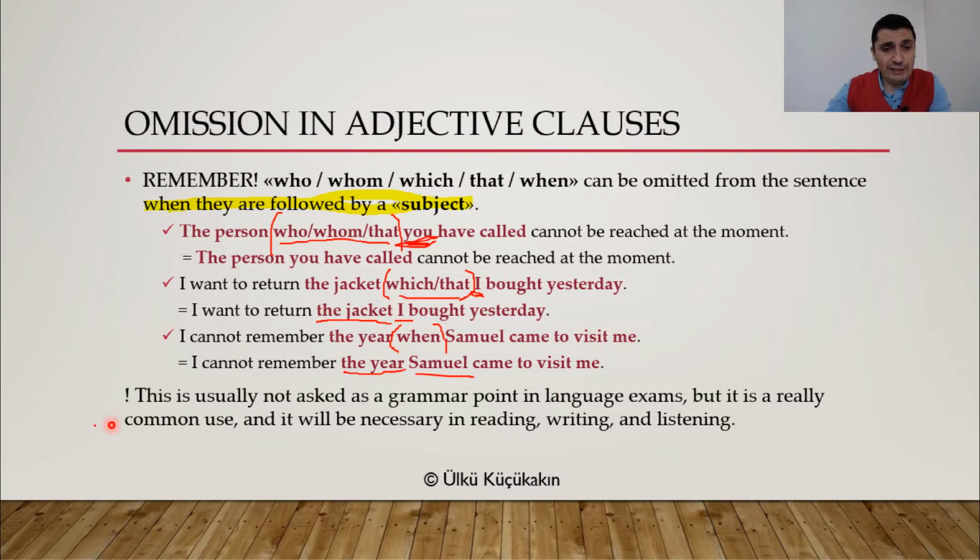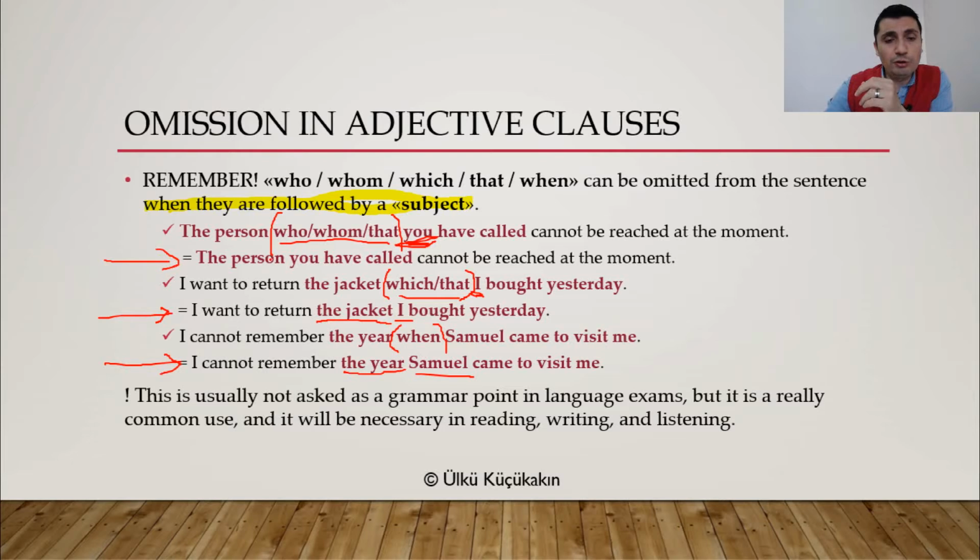Now, this is interesting, everyone. This is usually not asked as a grammar point in language exams. So omission is not asked as a grammar point, but it's a really common use. Actually, if you ask me, short forms are more common, because a language always chooses the shortest option possible, okay?